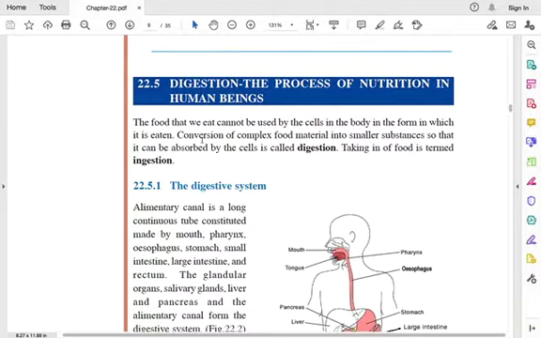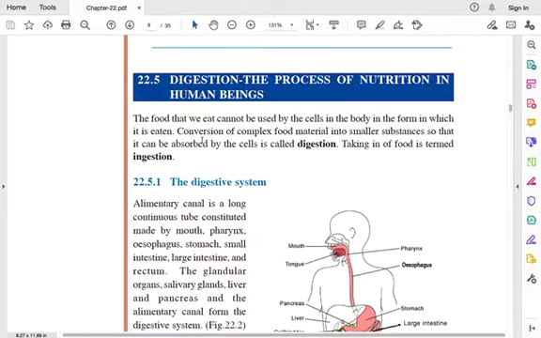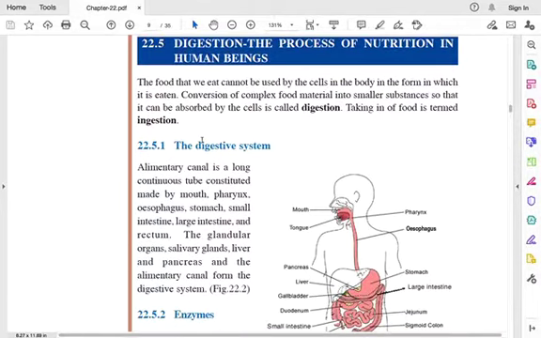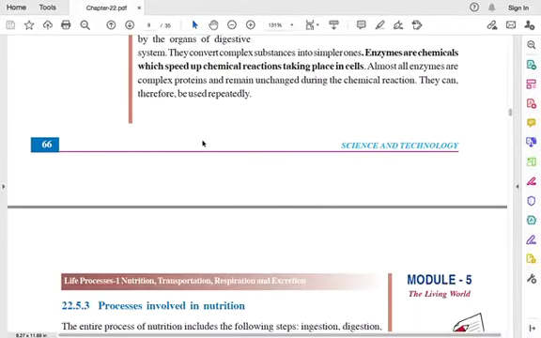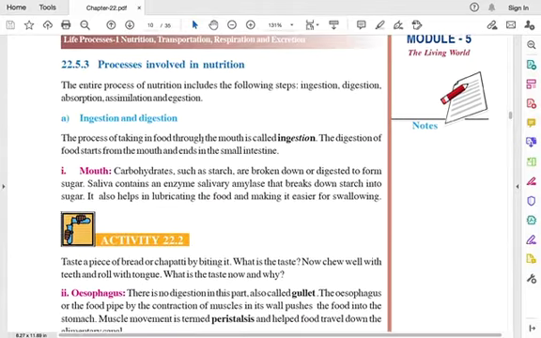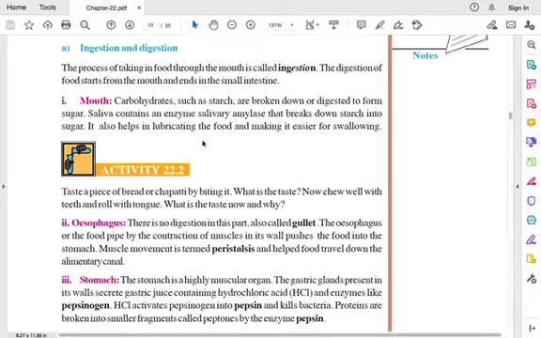So in human beings, digestion happens. We eat the food and it has to be digested, and what enzymes are involved in it comes under digestion. Then there are some processes involved in nutrition, like ingestion, we take the food, and then further that is digested.